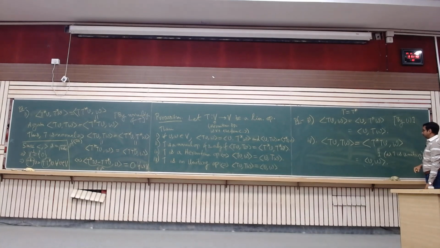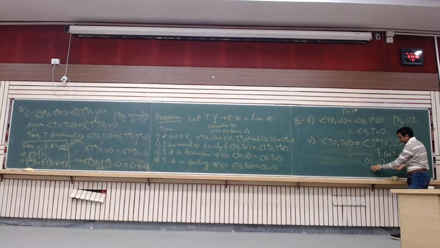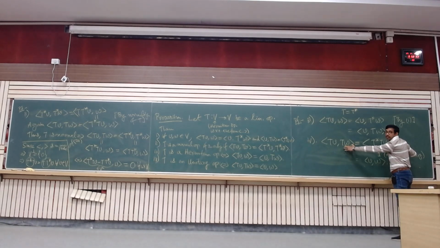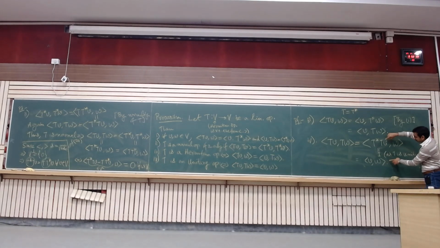On the other hand, suppose we are given this equality that TV TW is equal to V W, and we would like to show that T is unitary. But you know that this is equal to T star T V comma W. This was also true for any linear operator. So you are getting this part is equal to this part, and then we do the same trick again.